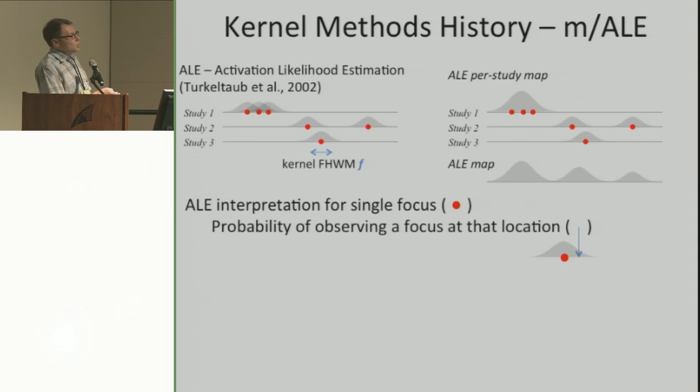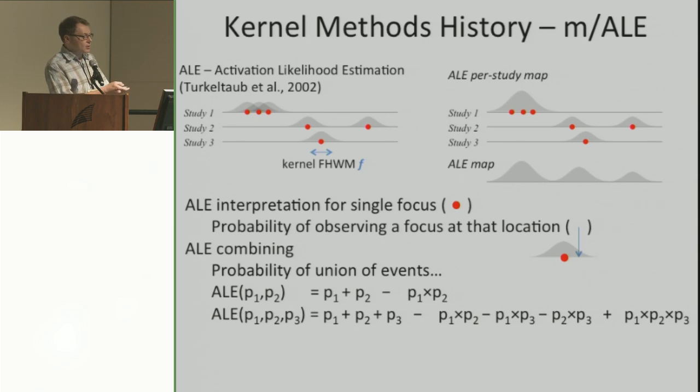So we get one of these maps for each study, and then we combine these into an ALE map. And the interpretation for a single foci is that this is the probability of observing a foci at that location, given that we saw one foci there. And this is how, it's not exactly a convolution, it's actually this probability combining function.